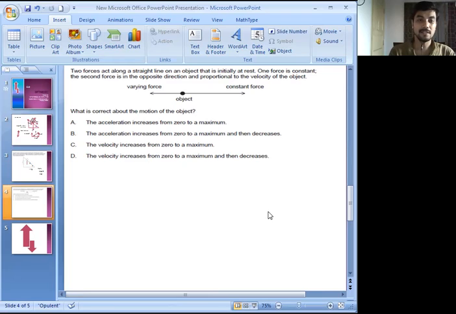It initially increases, and then you have the air resistance catching up with the weight, and then eventually there is no acceleration, so the velocity reaches a maximum value. So it is this option C that we are talking about.